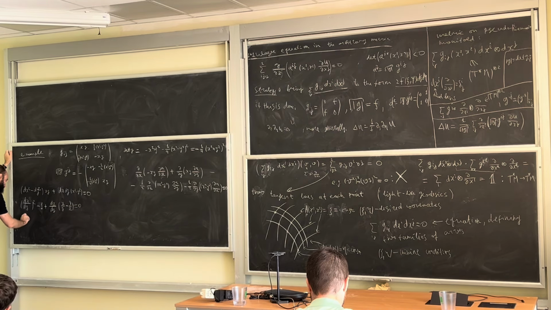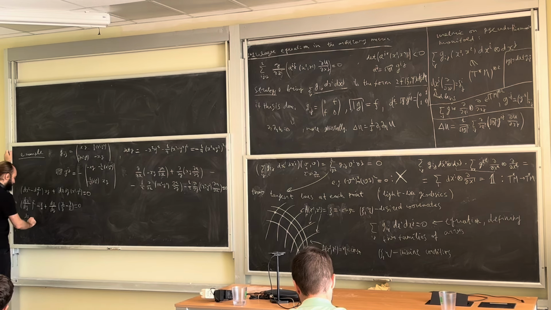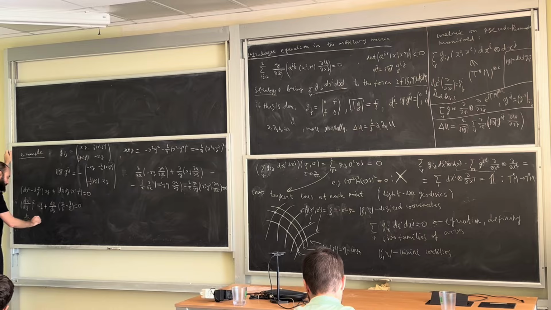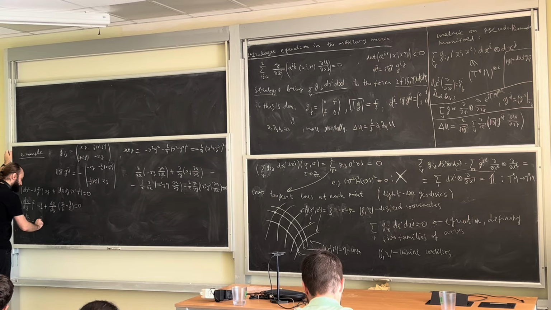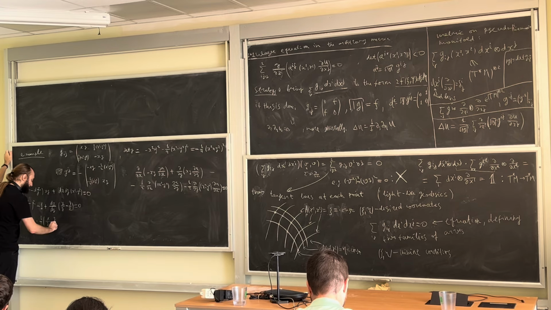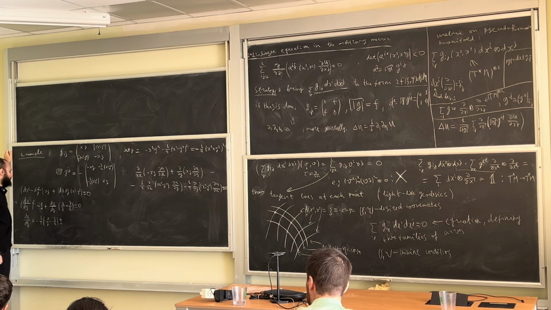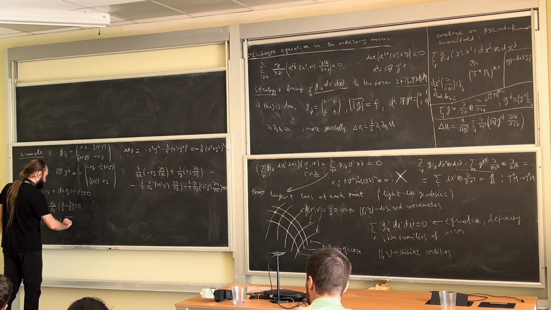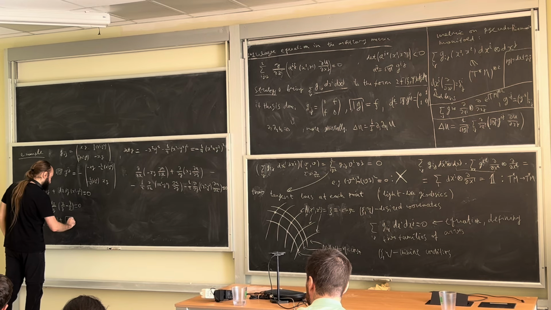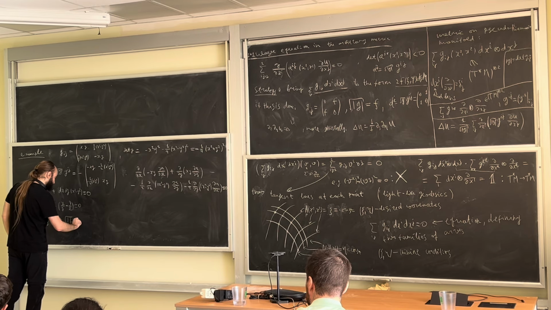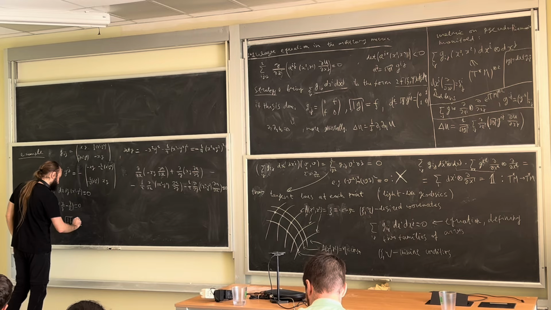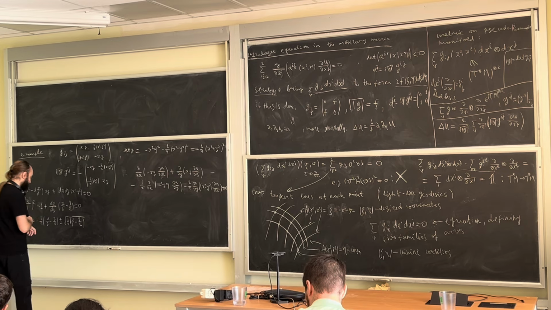So dx by dy is minus 1/2 (x over y minus y over x) plus or minus the square root of 1/4 (x over y minus y over x) squared plus 1.